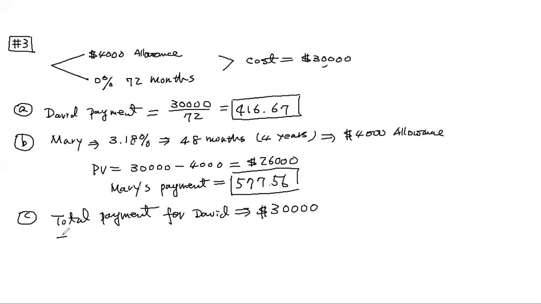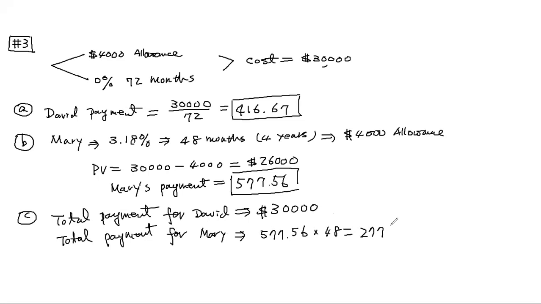Then the total payment for Mary: her monthly payment is higher, 577.56, but she only needs to pay 48 months, so it's 577.56 times 48, which is 27,722 and 88 cents.